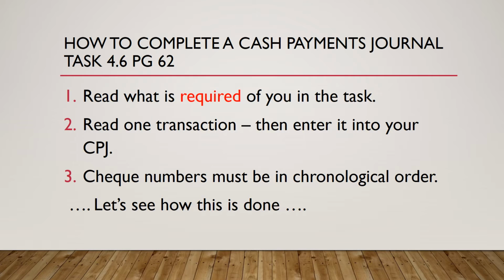The third thing you need to remember is that all check numbers must be in chronological order, meaning that the numbers must follow each other. So you can't have number 10 and then jump to number 17. After number 10 comes number 11, then 12, then 13. Okay, let's see how this is done practically.